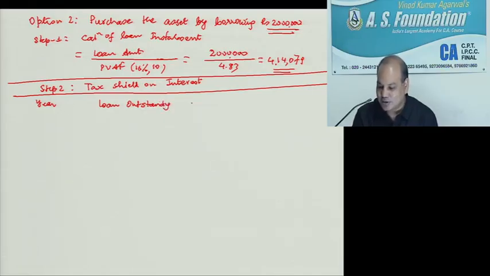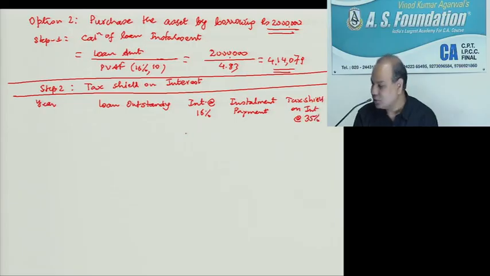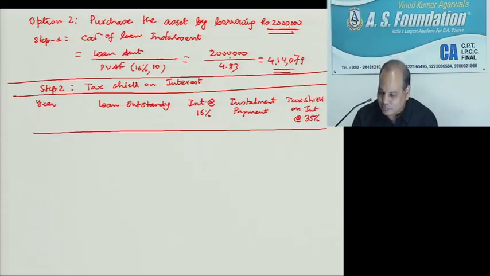Year, loan outstanding, interest at the rate of 16%, installment payment, and the last column is tax shield on interest at the rate of 35%.